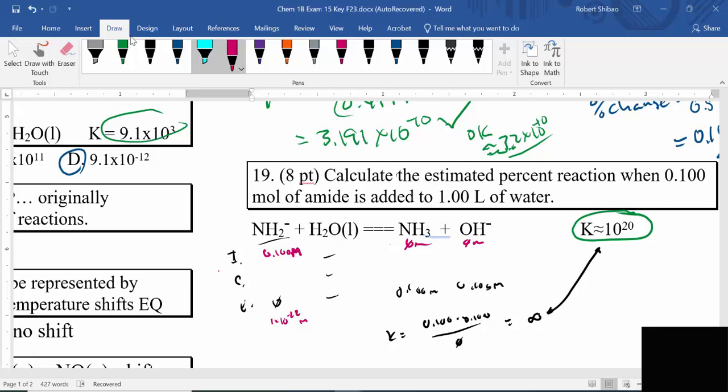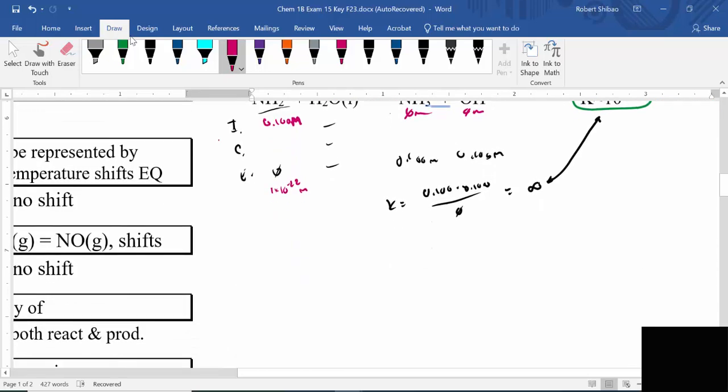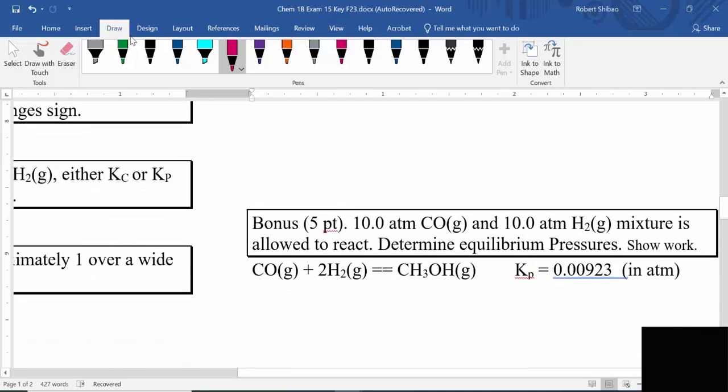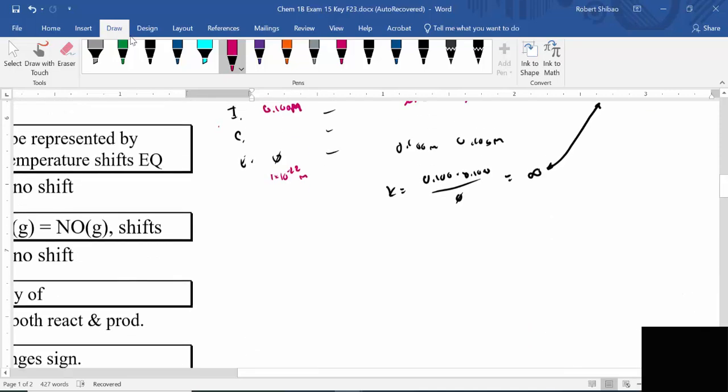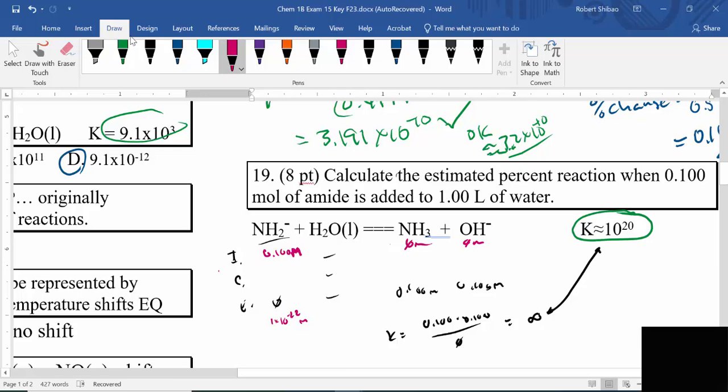If I ask for the equilibrium concentrations, that's different than estimating the percent error or the percent reaction. We should be able to do everything, and doing everything means we have to do this reset business. All right, any questions on this, 19?